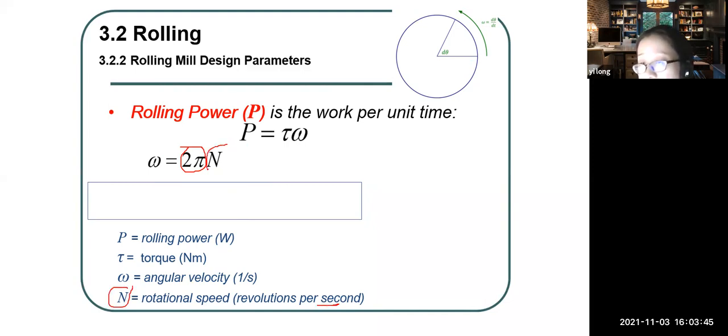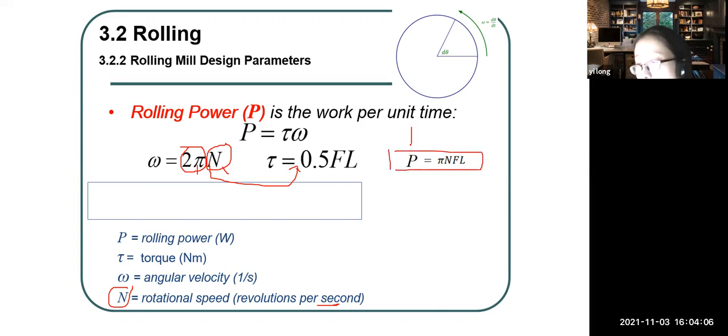So you have to times n, right? So that is angular velocity omega, and this torque we have defined before as 0.5 FL, and if we times these two together, we get P equals pi nFL.